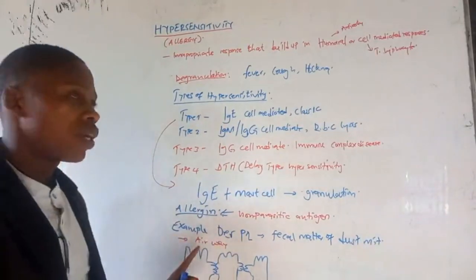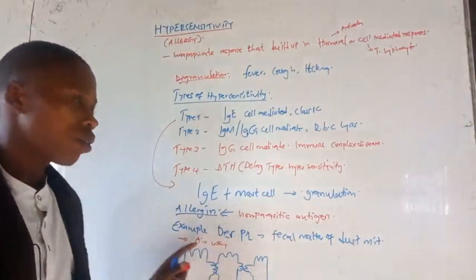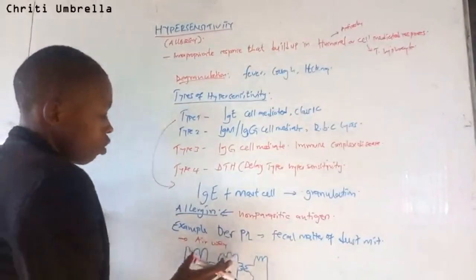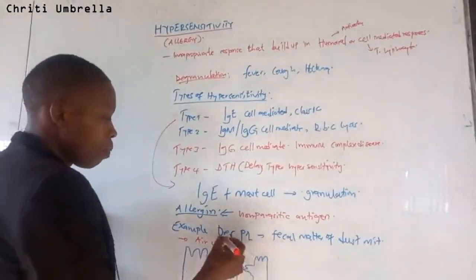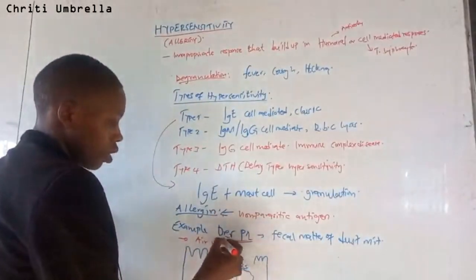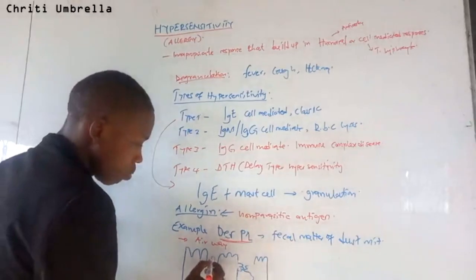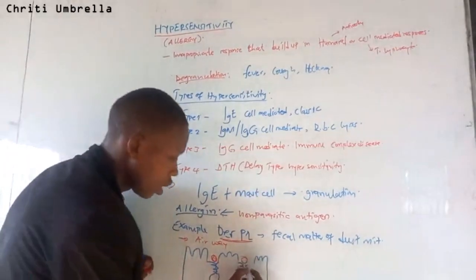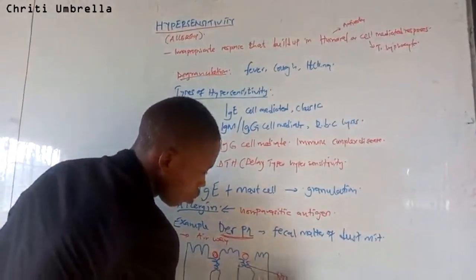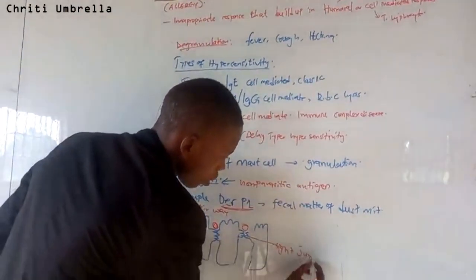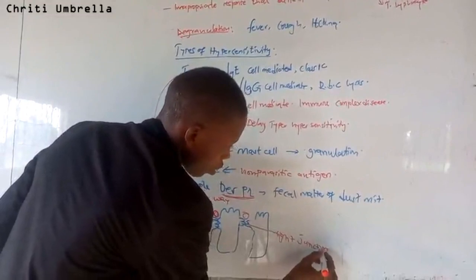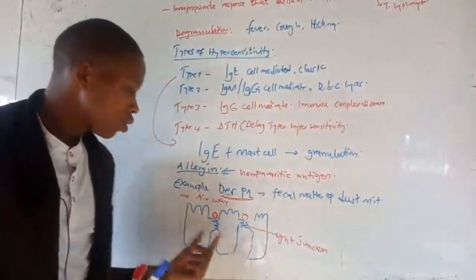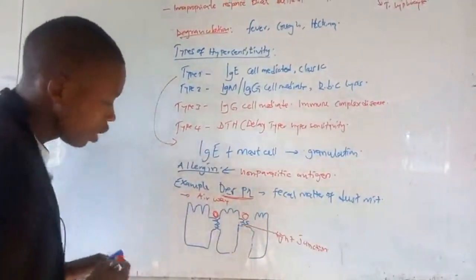When air is passing through this airway, when we inhale, this DP1 antigen will come and enter themselves in these tight junctions. This one is called the tight junction. In this tight junction, it is going to disorganize the tight junction.